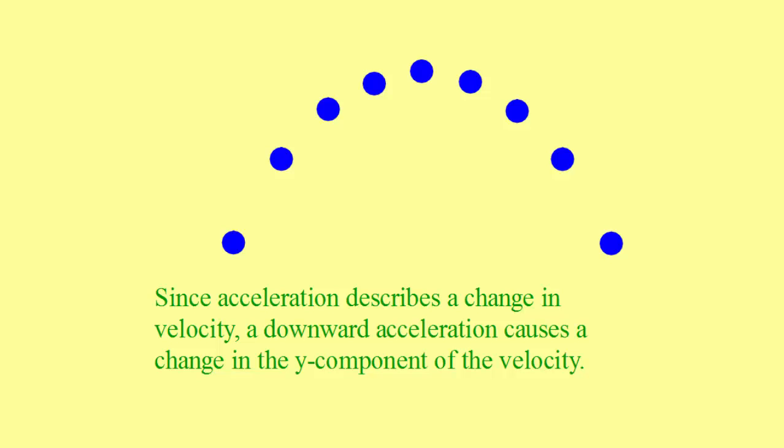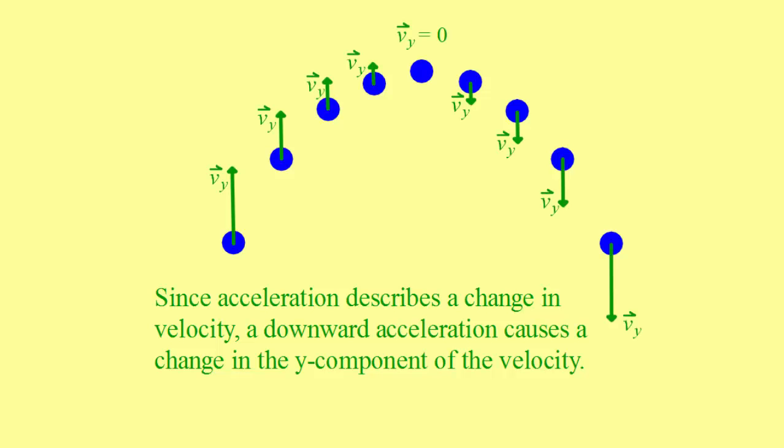Now that we know something about its acceleration, we can determine more information about the velocity of a projectile. So since the acceleration describes a change in velocity, the downward acceleration causes a change in the y component of the velocity. And let's take a look at what that would look like. So the velocity at all points in the motion of this projectile is changing. So the length of the arrow in the y direction is getting smaller and smaller as it goes towards the top of its motion.